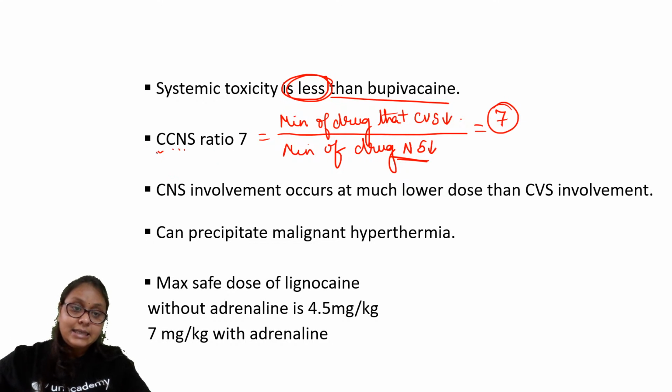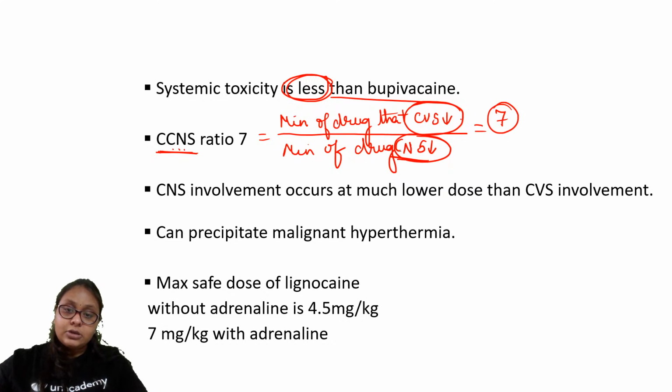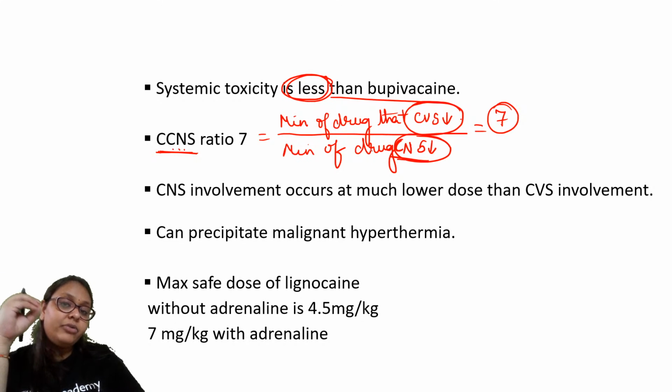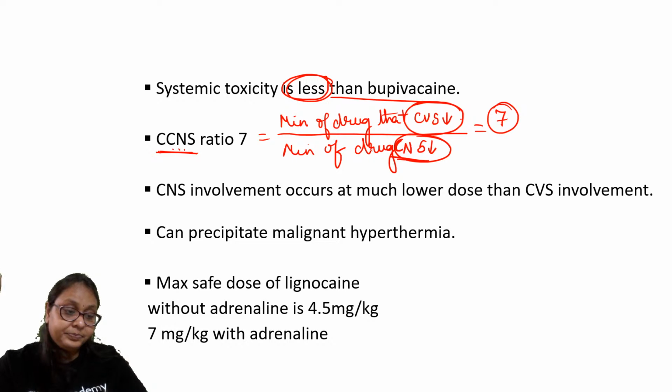CC/CNS ratio: the minimum amount of drug that produces cardiovascular toxicity upon the CNS toxicity. Is it clear? So the CC/CNS ratio of lignocaine is 7. So less amount of drug is used to produce CNS toxicity as compared to CVS toxicity.